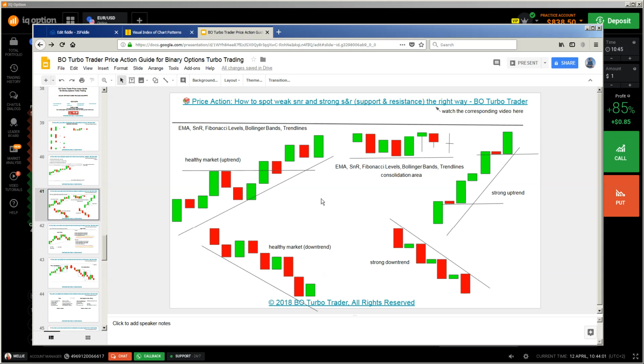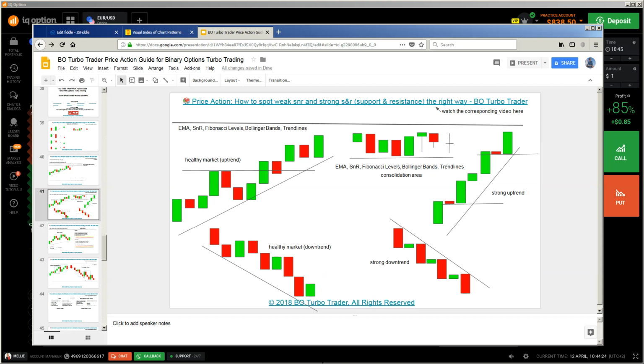If you see a reversal trading setup, then you have to trade it in a healthy market. Don't try to apply reversal trading setups in a strong trend or when you see that there is huge pressure. Don't use those kinds of reversals because they will not work.